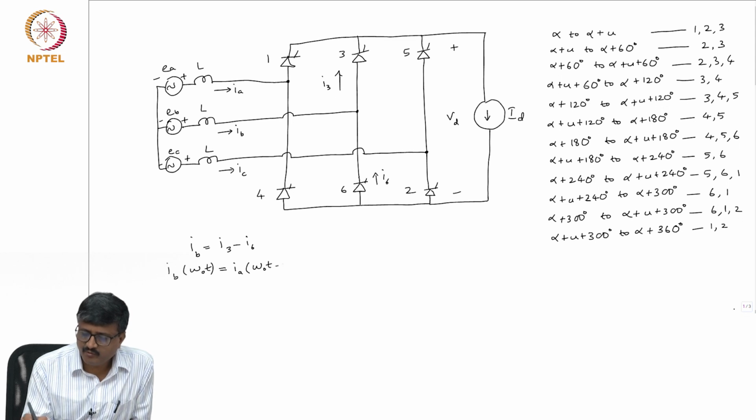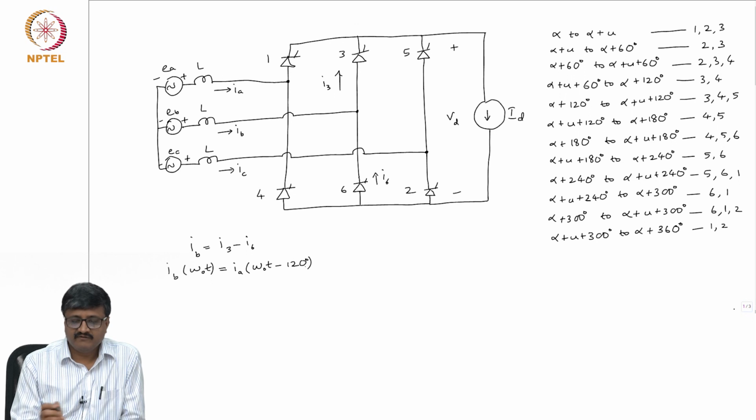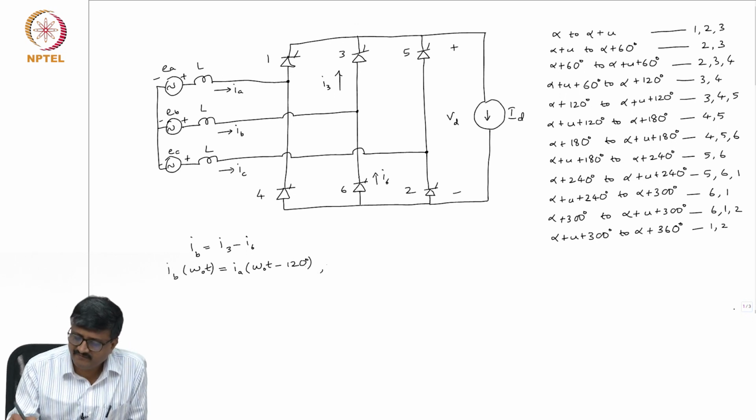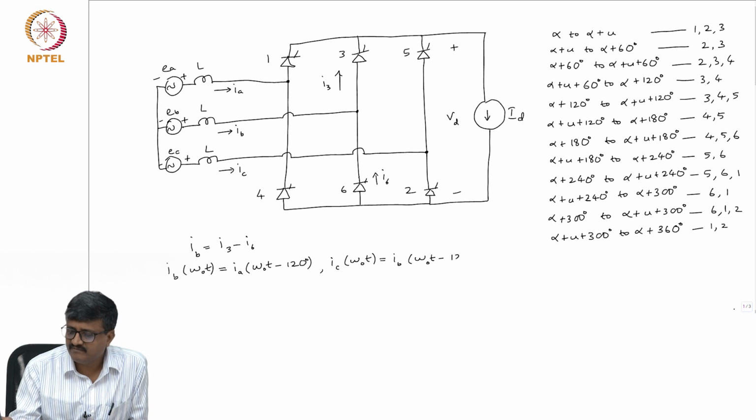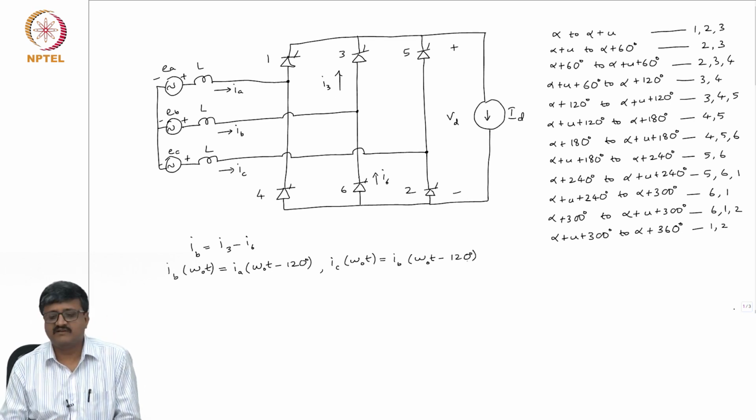So IA of omega t minus 120 will give me IB. Similarly, IC of omega t is IB delayed by 120, so IC of omega t is IB of omega t minus 120.